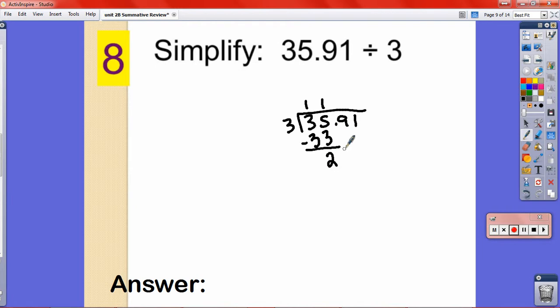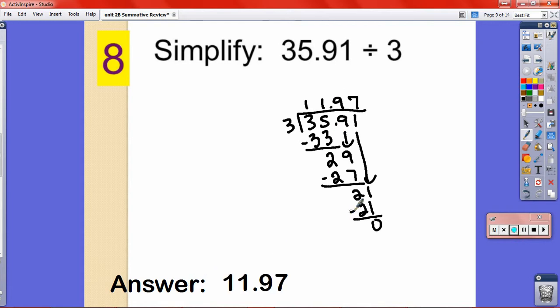Get 2 left over, bring down this 9. 3 goes into 29 9 times, which is 27. 2 left over, bring the 1 down. 3 goes into 21 7 times, which is 21, and I can stop. And it's about 36 divided by 3, so it should be around 12, so 11.97 makes sense, and it brought the decimal right up the way it should, so 11.97.